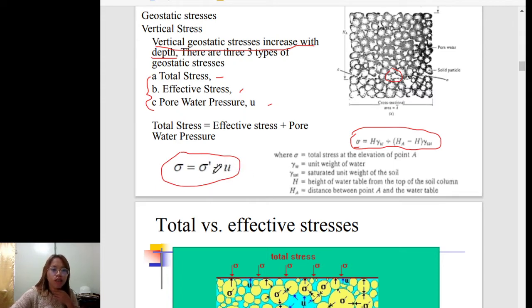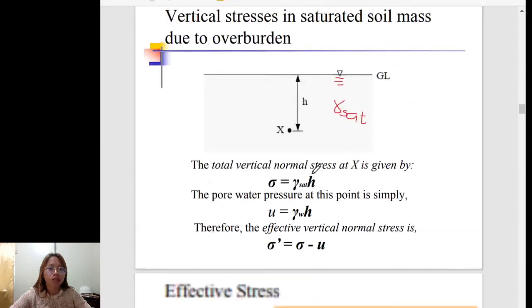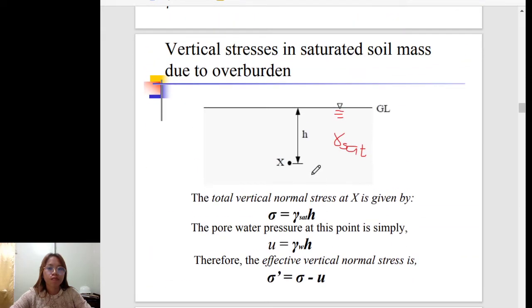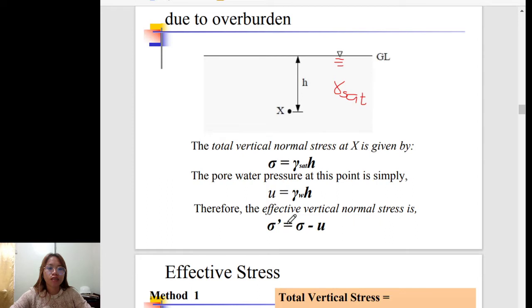So if you manipulate this, the effective stress is equal to the total stress minus the pore water pressure, so you move U over here.